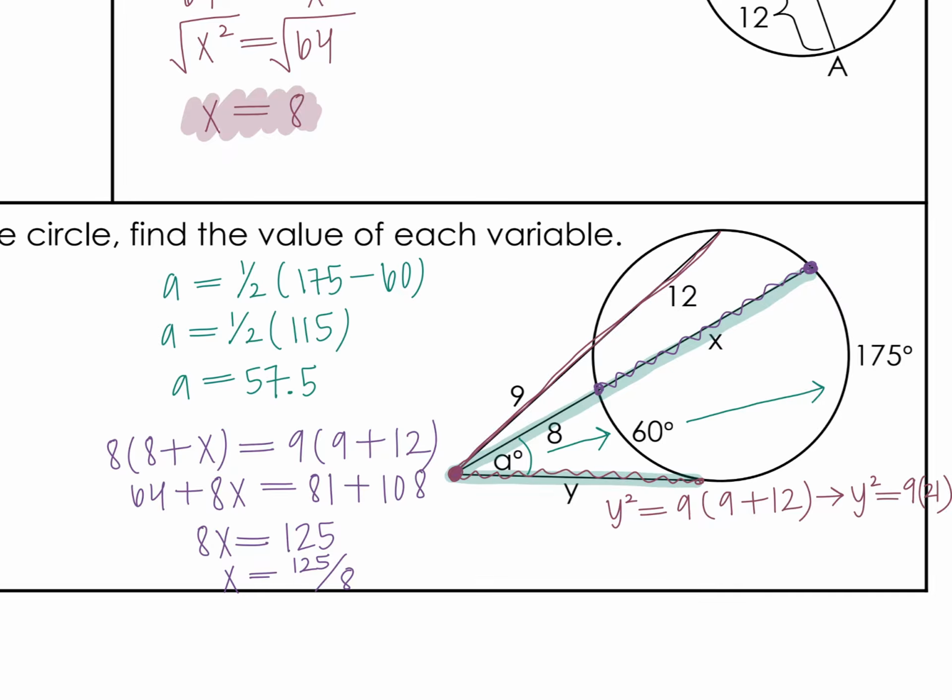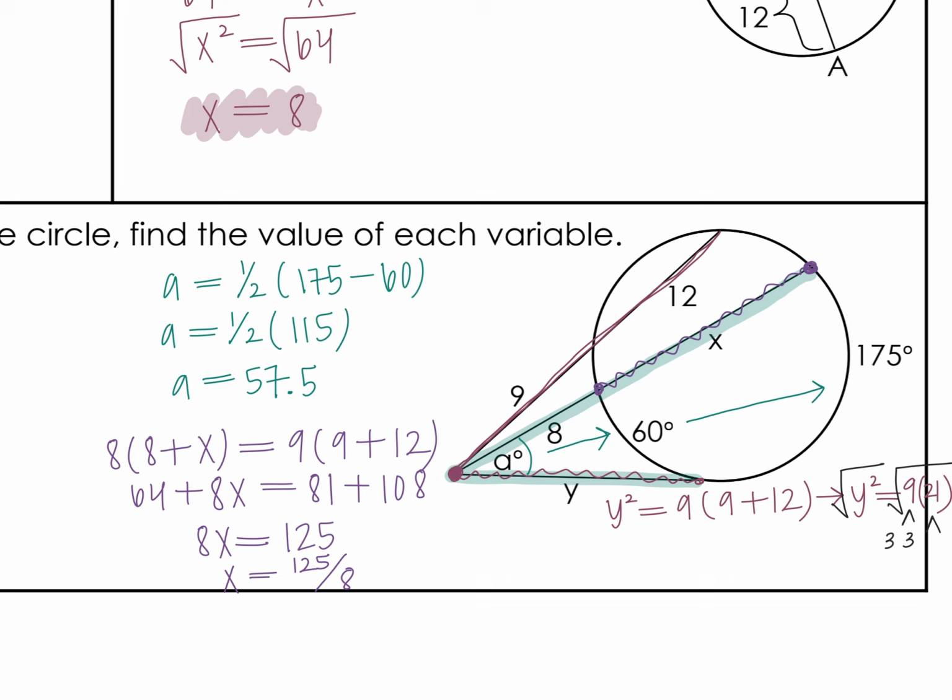Then I'm going to take the square root of both sides here, and I'm going to simplify. The reason why I didn't multiply these out is just because there are smaller numbers to deal with. That 9 can be broken down into 3 times 3.